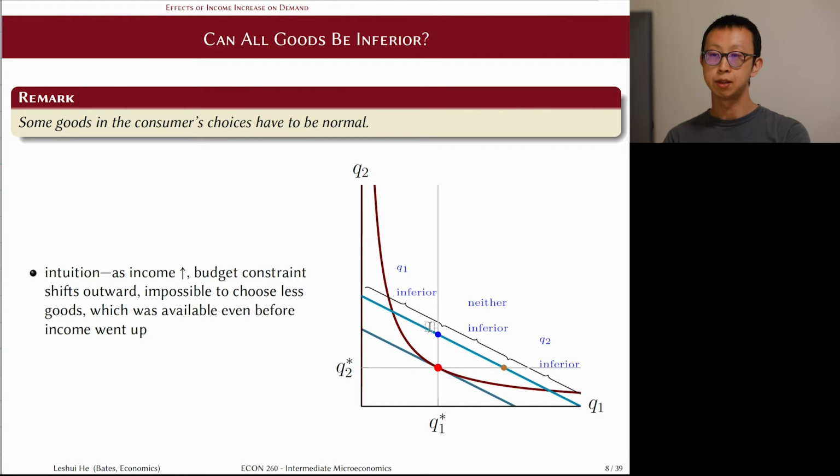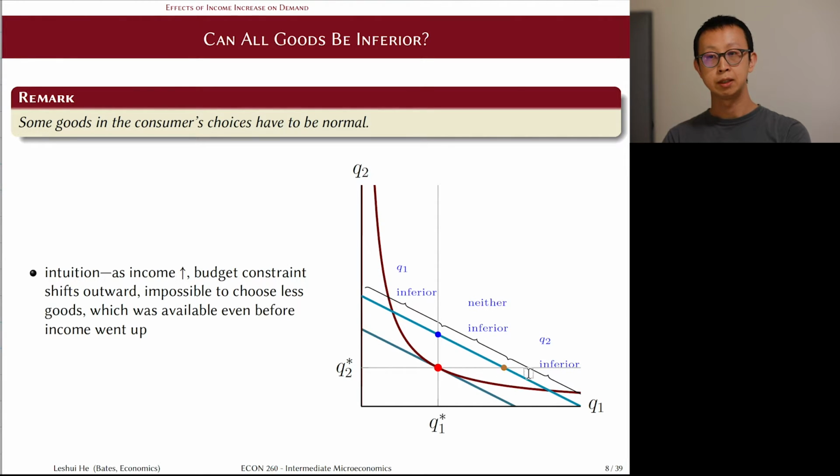In the upper section, all the bundles on the budget constraint will have less Q1 compared to the original red point, but have more Q2. In other words, if the optimal consumption bundle lands anywhere in this section, then good 1 will be an inferior good, whereas good 2 will be a normal good.